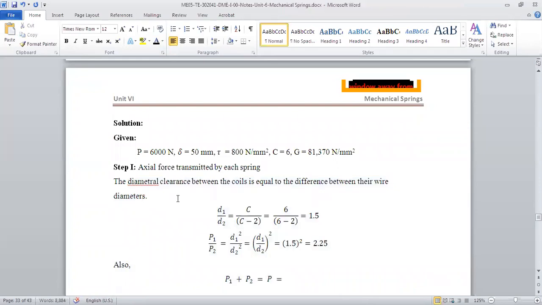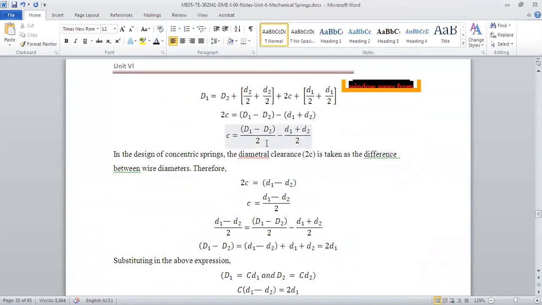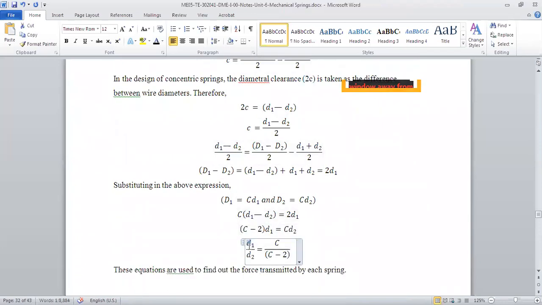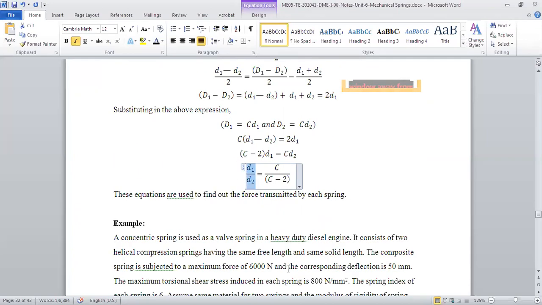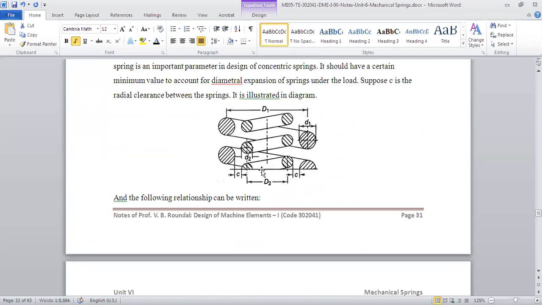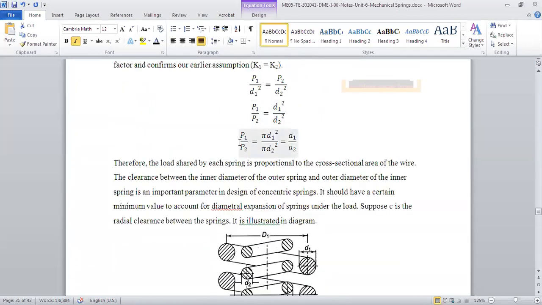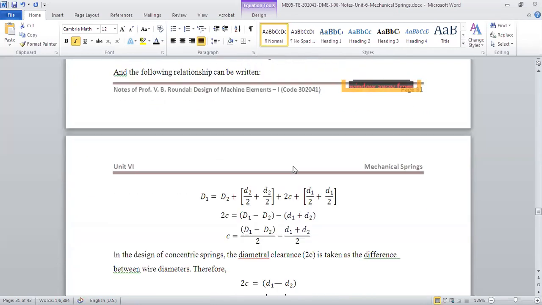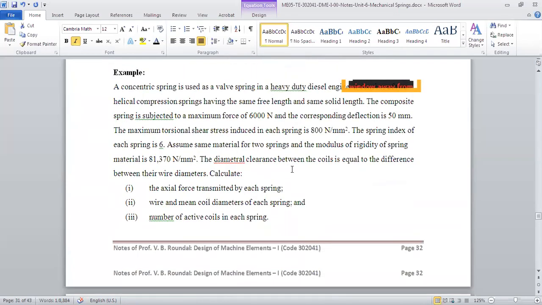Since the diametric clearance 2C is equal to D1 minus D2, we can use D1 upon D2 is equal to C upon C minus 2. Once we know that ratio, we know that the load taken by a spring is proportional to its area, and then we can find P1 and P2. That's how we will approach this problem.